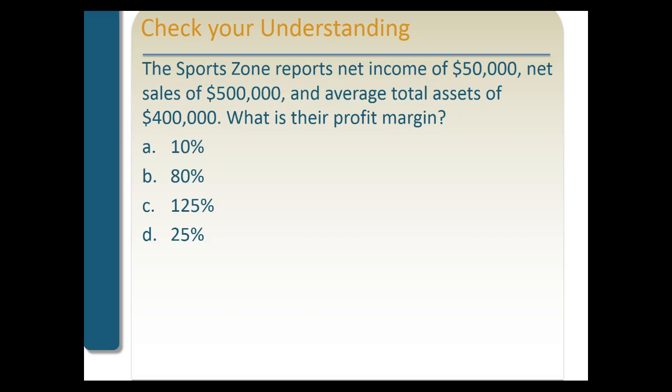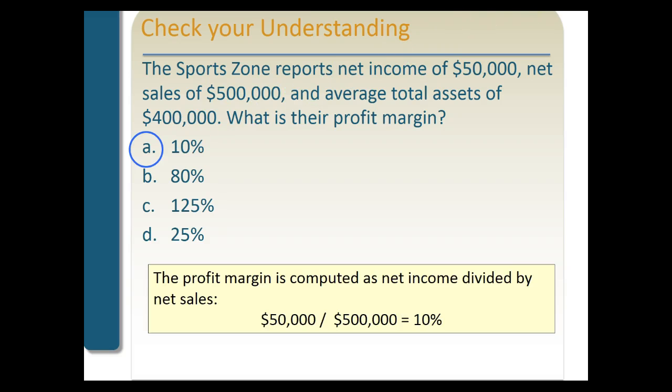So the Sports Zone reports net income of $50,000, sales of $500,000, and average total assets of $400,000. What is the profit margin? If you take the net income of $50,000, divide that by the sales, we get 10% as the profit margin.